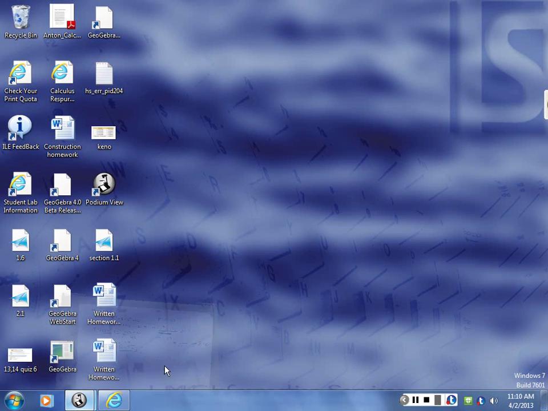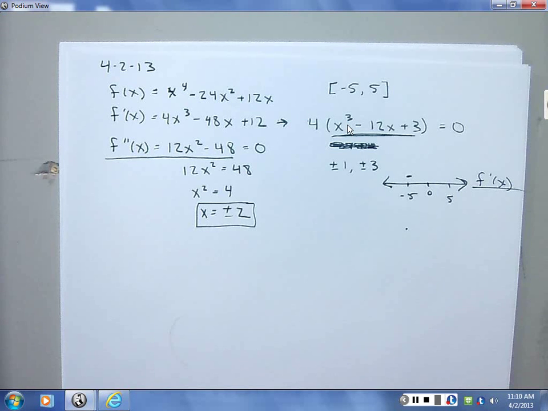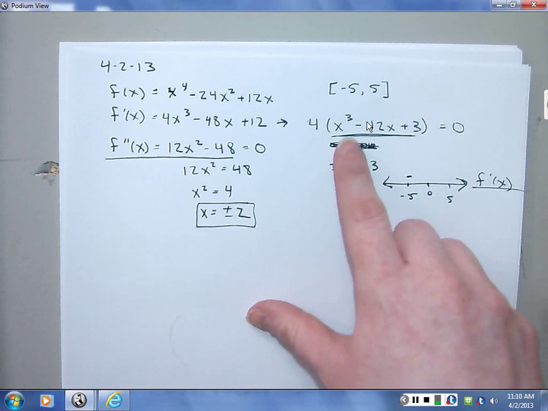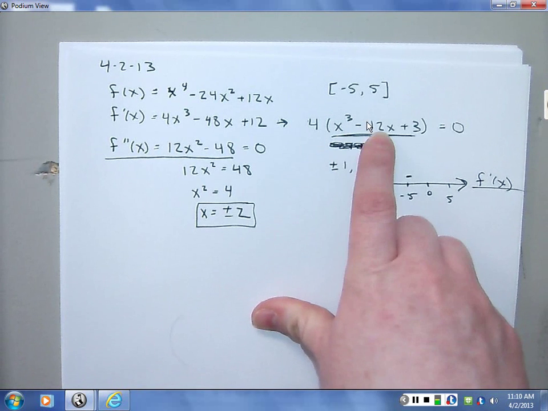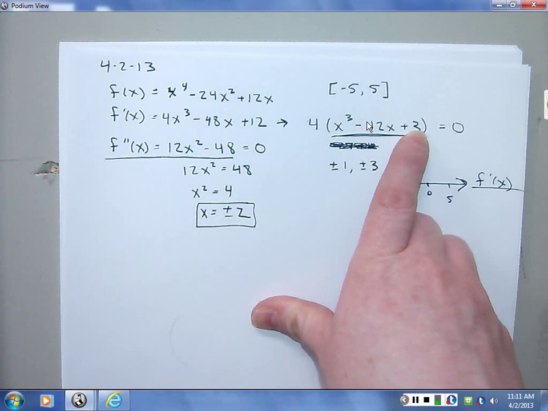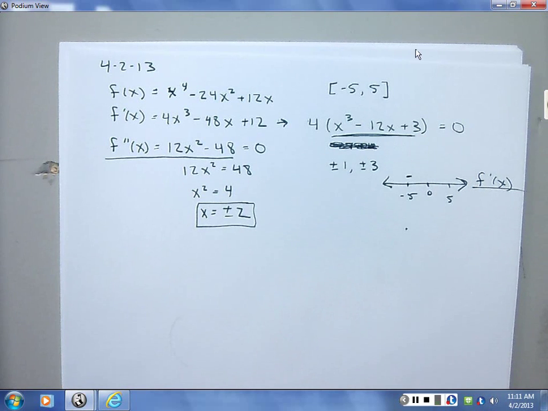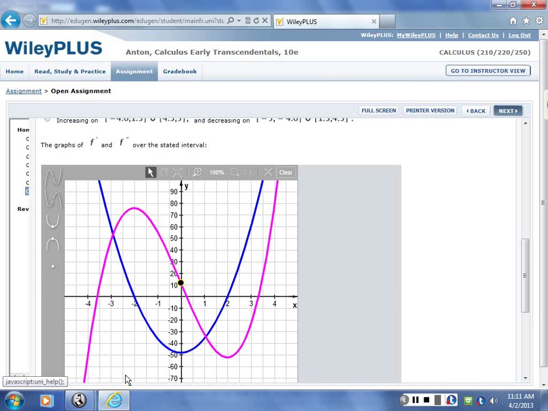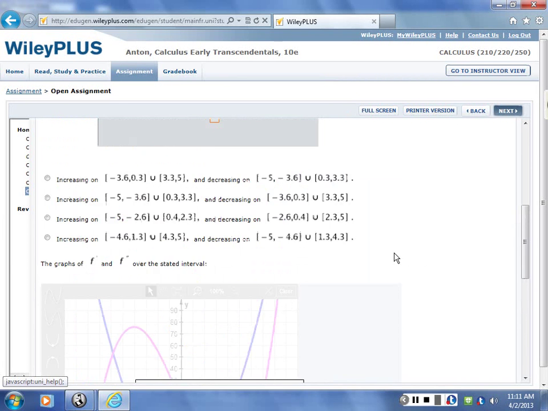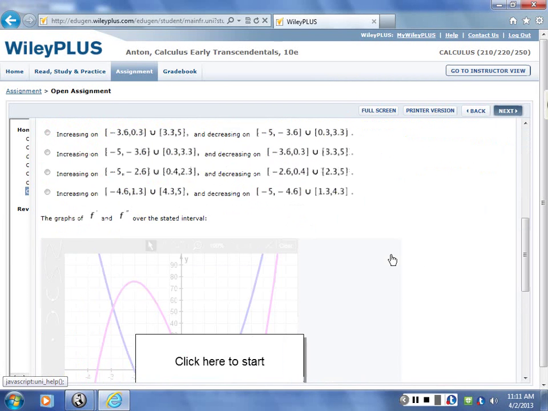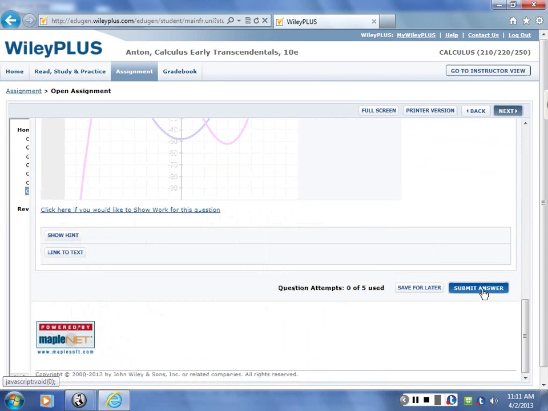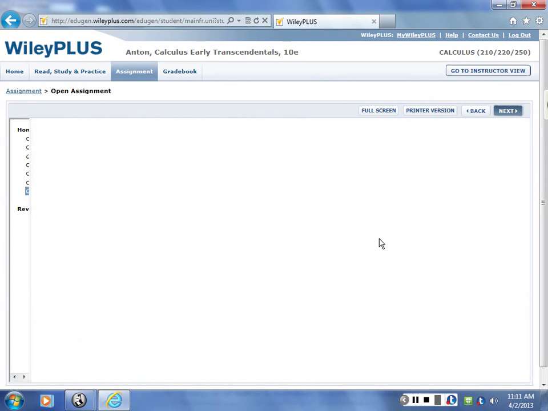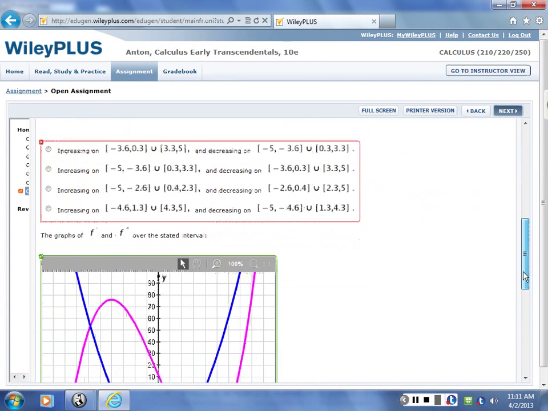So plugging in minus 2, I would have minus 8 plus 12 plus 3, so that's above the x-axis. So this one is the only one that works there. Go back here, so the graph should be correct. Overall it's going to be marked wrong because I didn't enter some things, but the graph is correct.